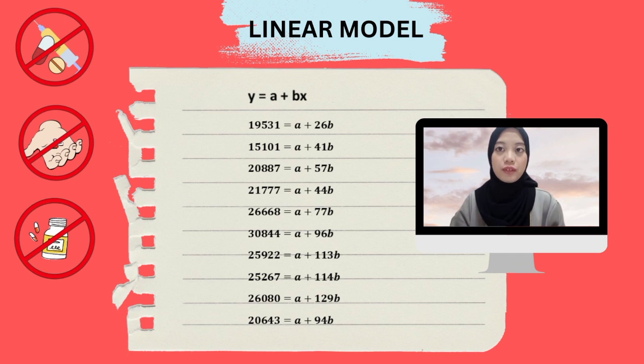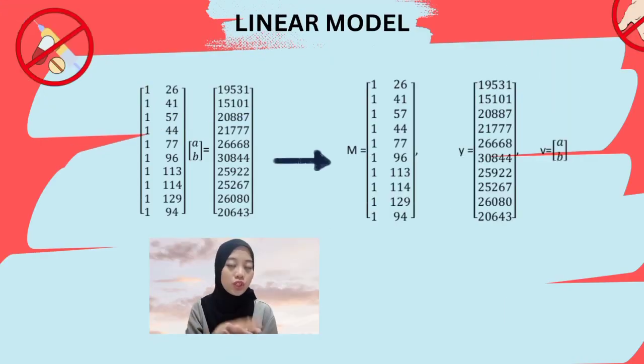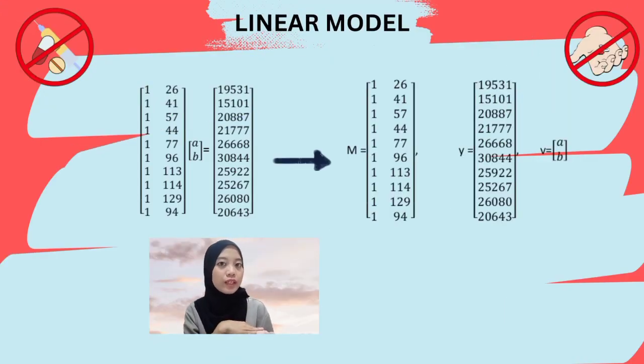From the equation we made, we can convert it into matrix form, and define the matrices m, y, and v.